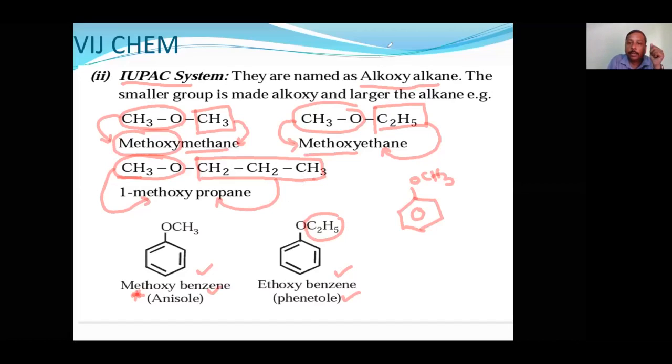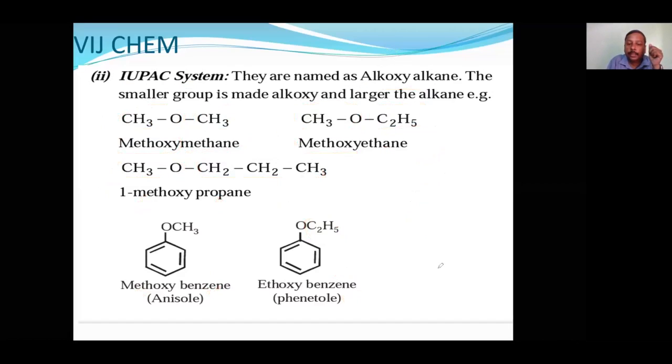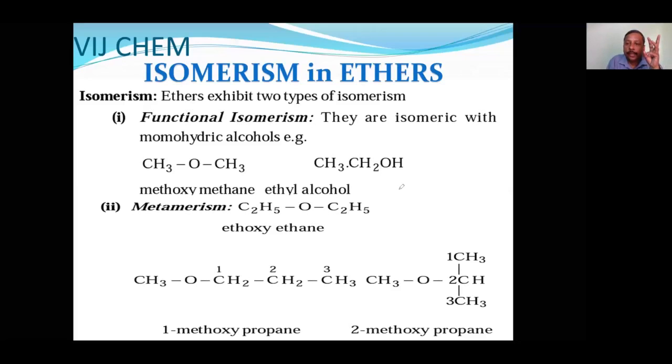But the problem lies only when they are famous with the common naming itself. Okay, we have done definition, we have done classification, we have done naming. Naming in how many parts? 2 parts, IUPAC naming and common naming. And in common naming, very important names are anisole and phenetole.